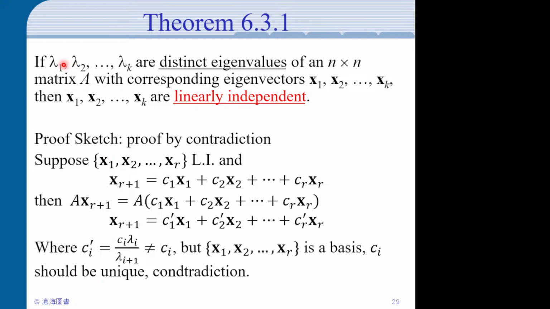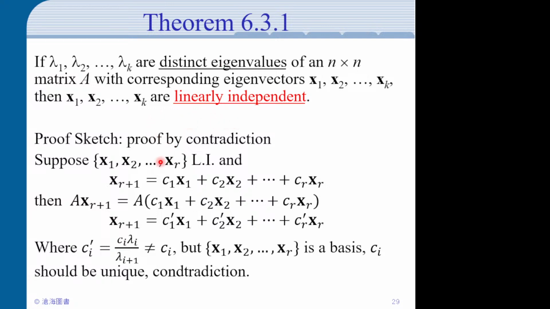So suppose you have distinct eigenvalues, and the eigenvectors are not all linearly independent. We prove by contradiction, so we assume these vectors are linearly dependent. To make it easier, we want to find which one makes it linearly dependent. So we go from left to right, pick the vectors one by one, look at the set, and try to see at which vector it becomes linearly dependent.